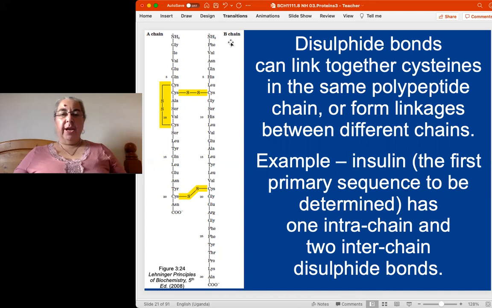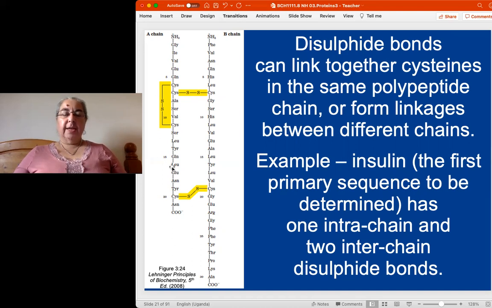There are three disulfide bonds in insulin. There is one that joins two cysteines within the alpha chain, and two joining the alpha and the beta chains to each other.